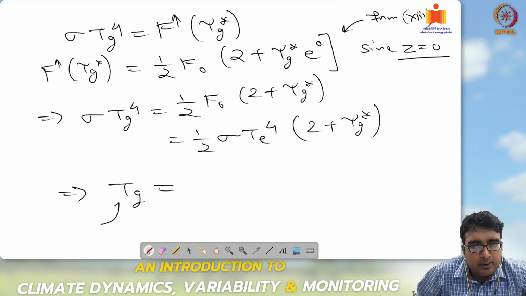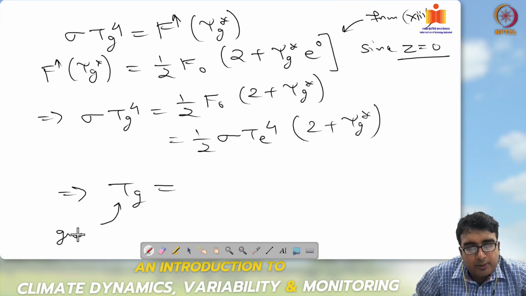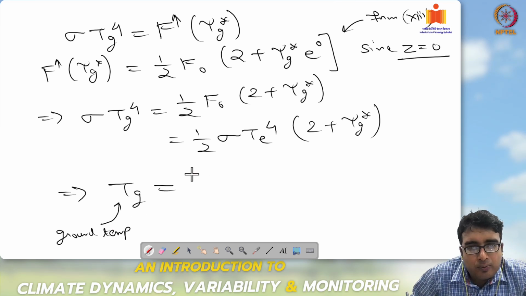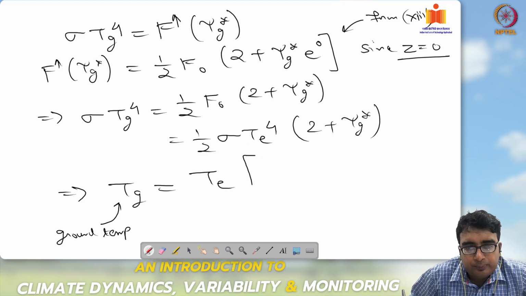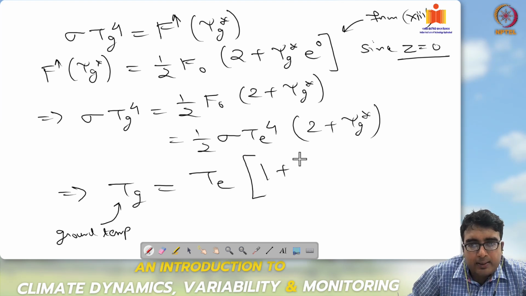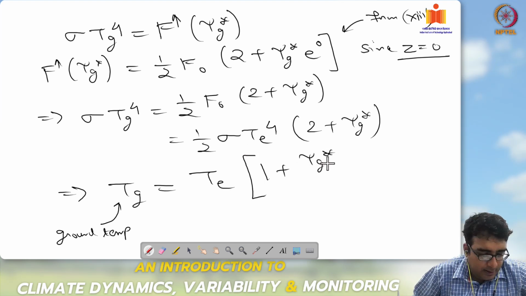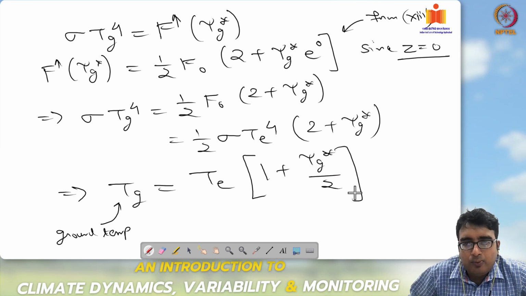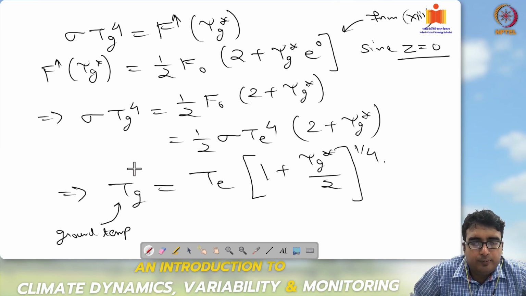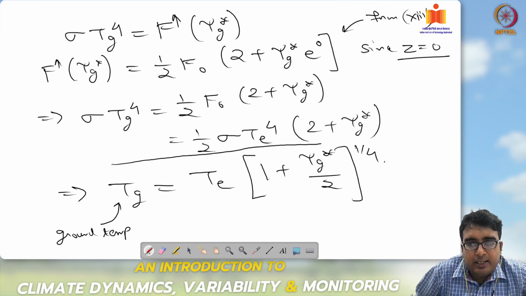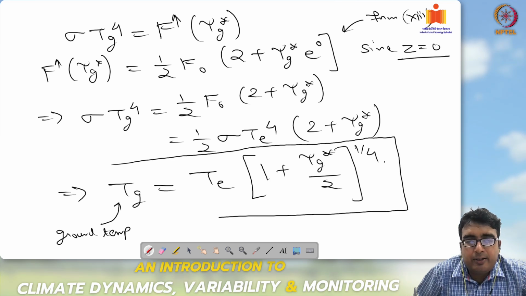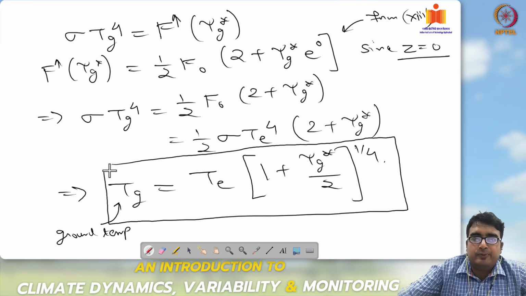So this is the ground temperature, equal to Te times 1 plus Tg star by 2 to the power 1/4. This is the temperature of the ground under the radiative equilibrium approximation.